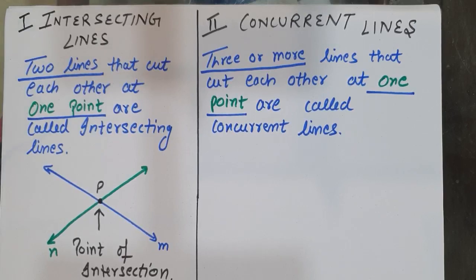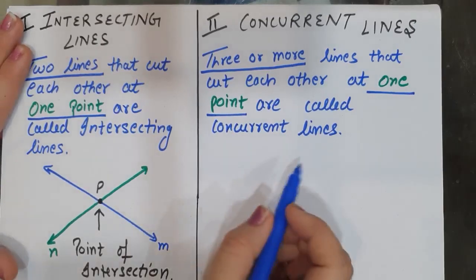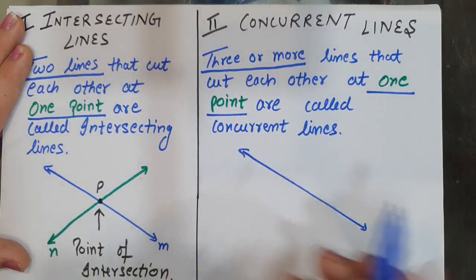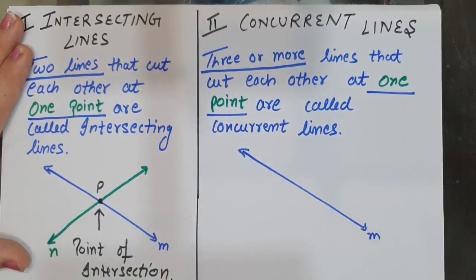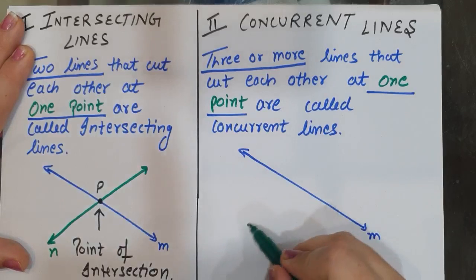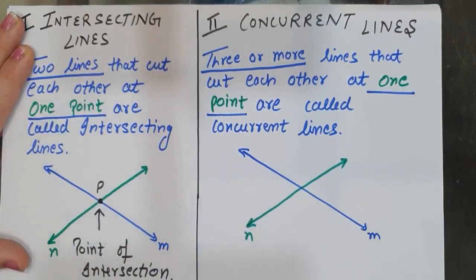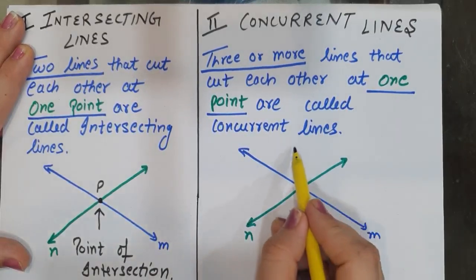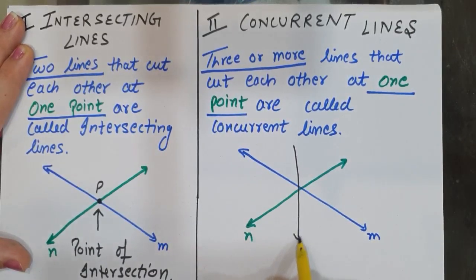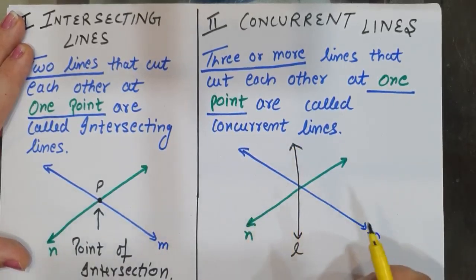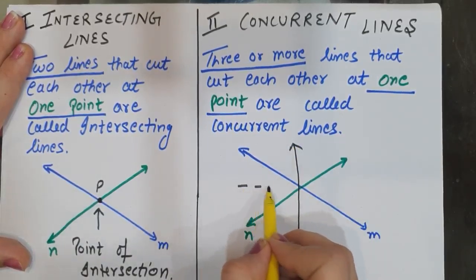Let me illustrate this with an example. Say suppose we make one line and name it as small m. In the same way, we make another line and we name it as small n. We can have one more line and name it as small l, and there could be more than three lines also. So I would make it dotted.